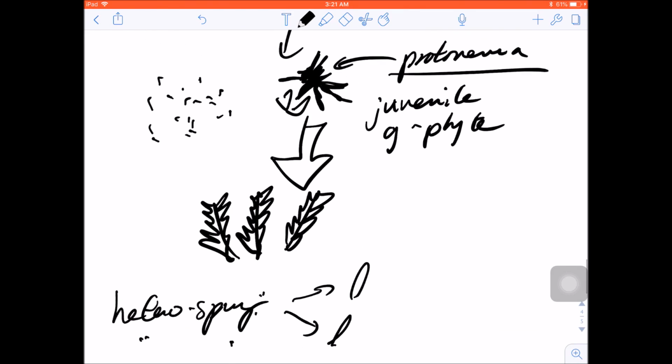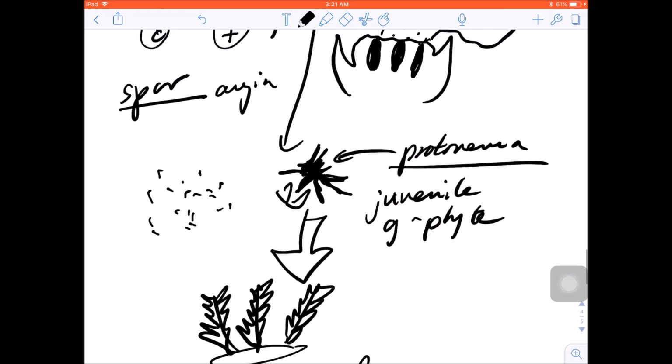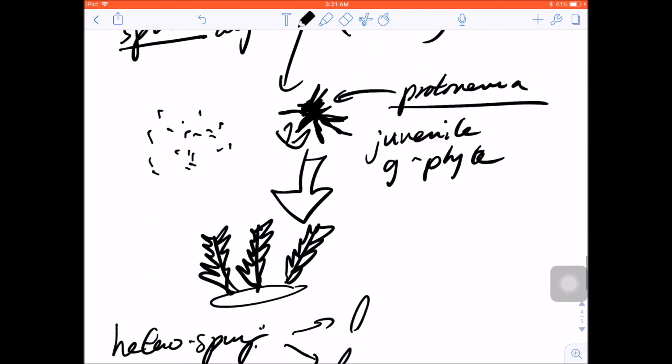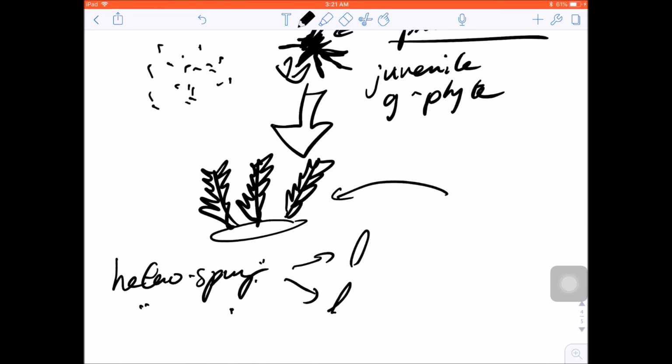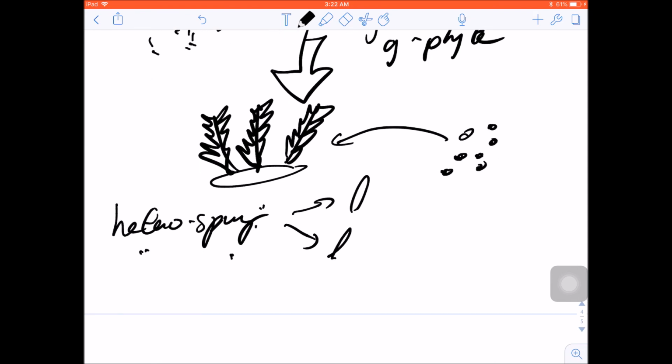This is not happening in these mosses. These male and female plants are coming out of, and germinating from, the same kinds of spores. I'm not really sure what environmental cues cause them to diversify into male and female plants, but that's out of the scope of this class. Just remember, heterospory is not in play right now. We'll get into that later in the seedless vascular plants, but not now.